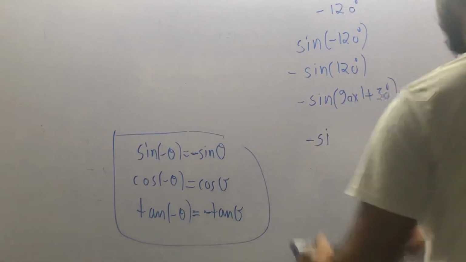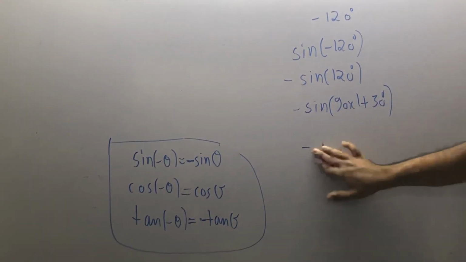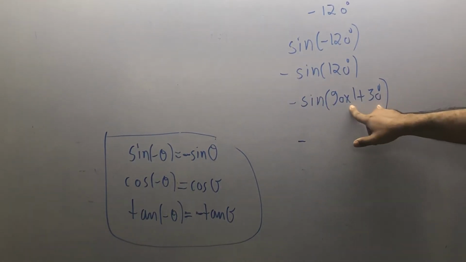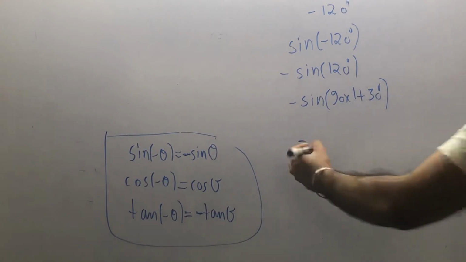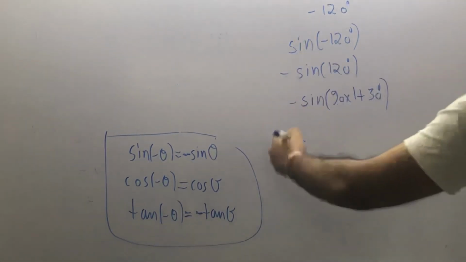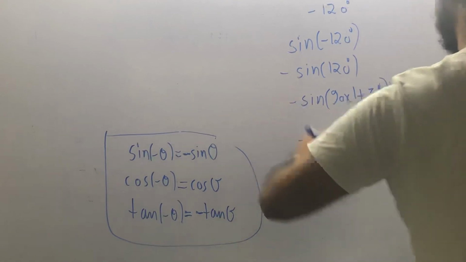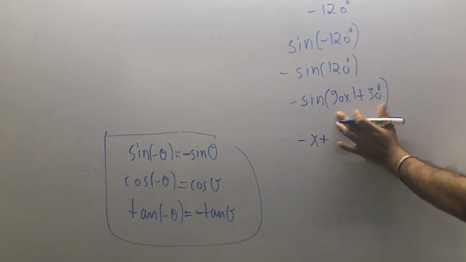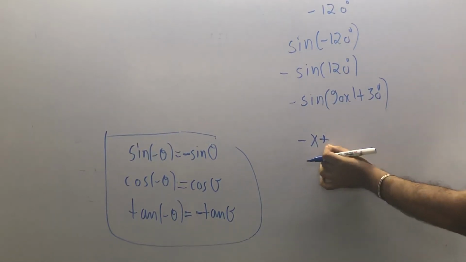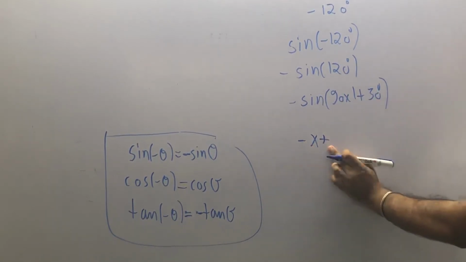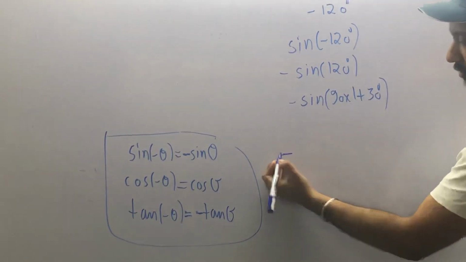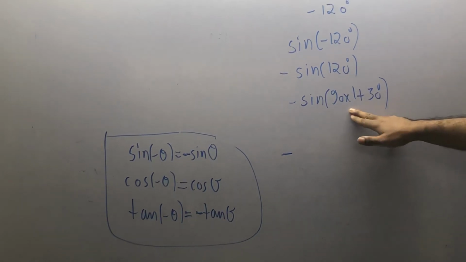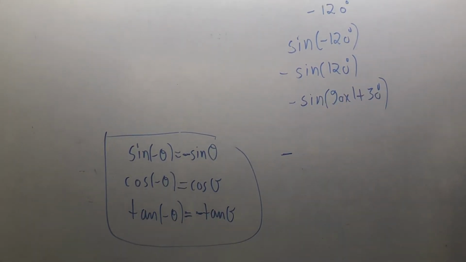The minus was already here, and minus into plus is minus, because sine is positive in the second quadrant, so plus came out. So minus will remain here. Now 90 into 1. Is 1 odd or even? 1 is odd, so sine will turn into cos.